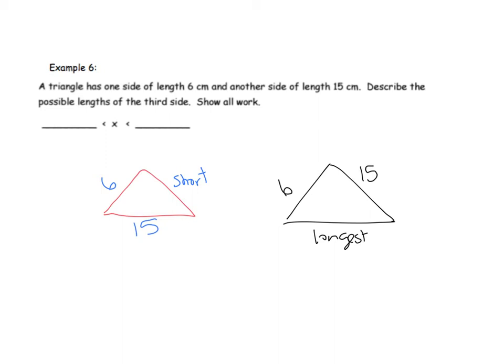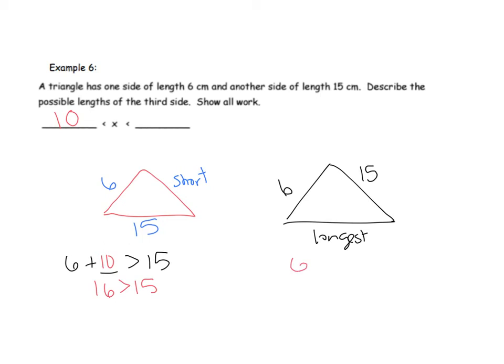For the short side, we have 6 plus some value is going to be greater than 15, because I'm using the triangle inequality theorem. Let's see. 6 plus 6, nope. 6 plus 8, nope. 6 plus 10, eureka. 6 plus 10 is 16, and 16 is in fact greater than 15. So the smallest number we can get is 10.